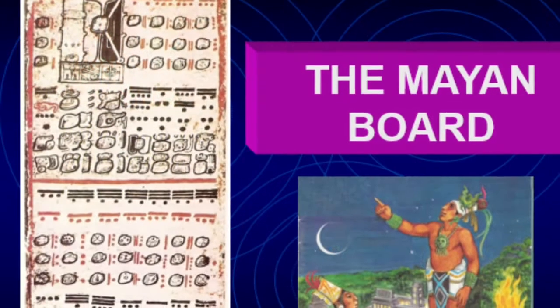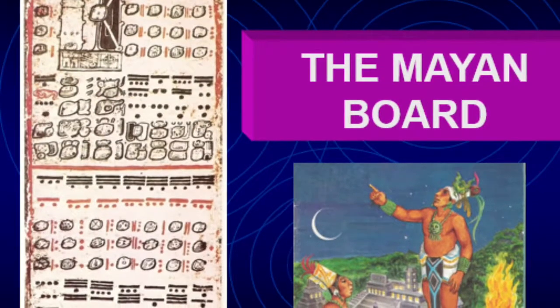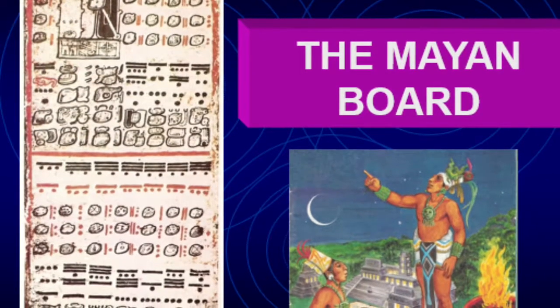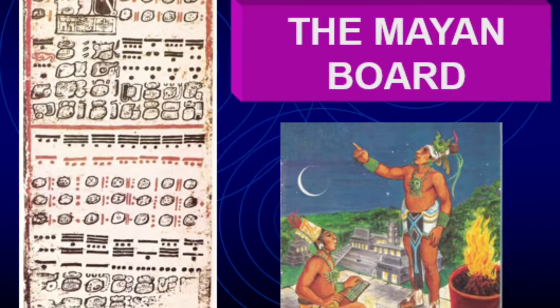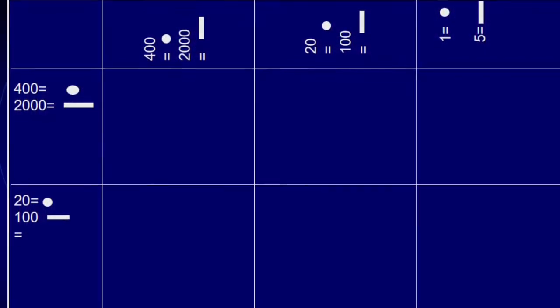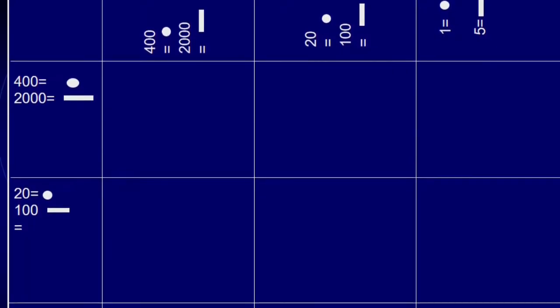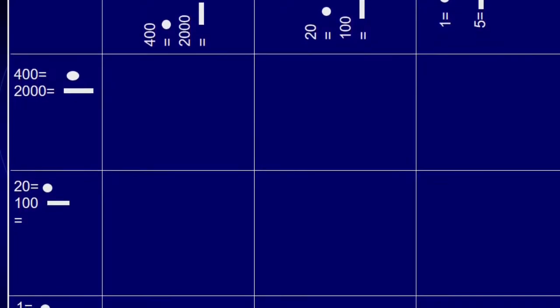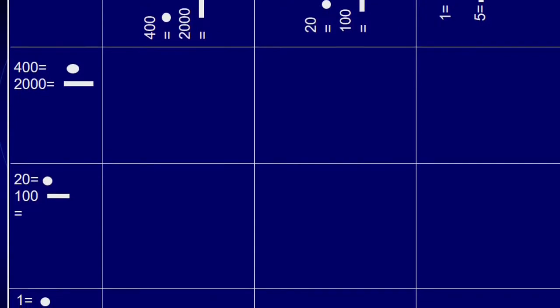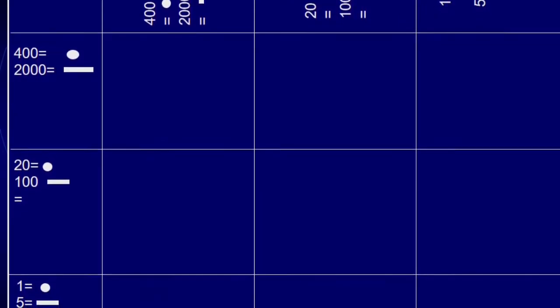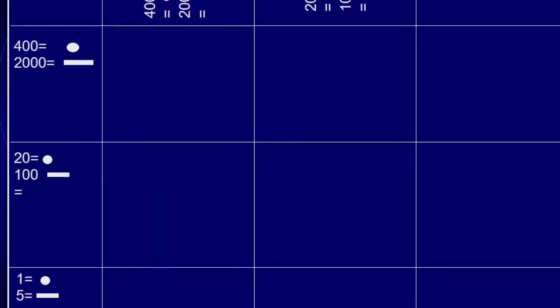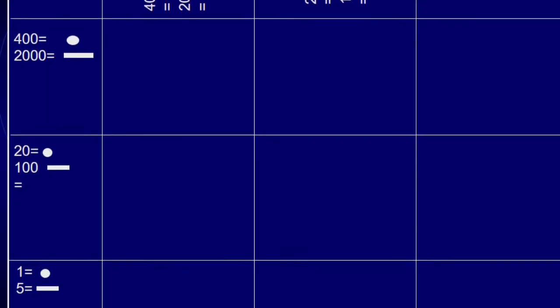Now, another aspect of the Mayan mathematics is the use of the Mayan Board, which is simpler than the Mayan Abacus. And as you can see in the next slide, it is just a board with squares on it, that each one of the levels of the board has a different association with the numbers. So for example, level 1, 1 dot is 1, and 1 bar is 5, as you know.